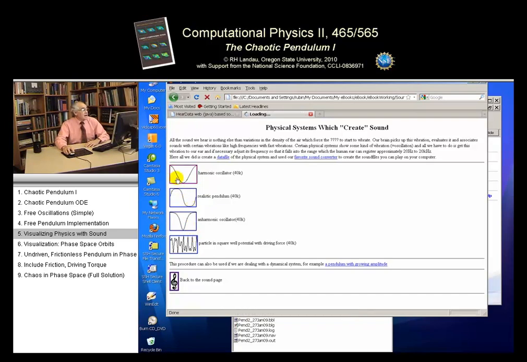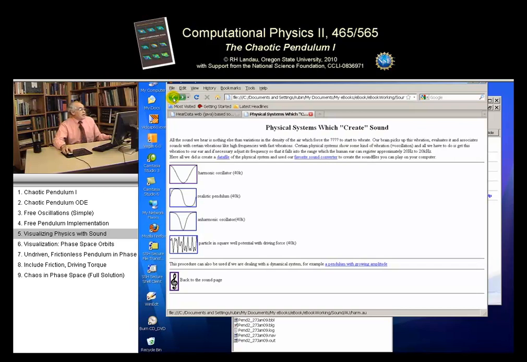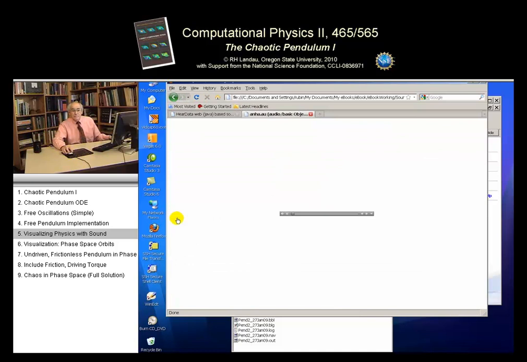If you just take the harmonic oscillator and convert it to sound, that's what it sounds like. It's kind of boring, but that's perfect harmonic motion. If we look at a realistic pendulum, we won't hear much difference. So let's move up. If you look at a non-harmonic oscillator, with a little overtones, what you hear is something more interesting.